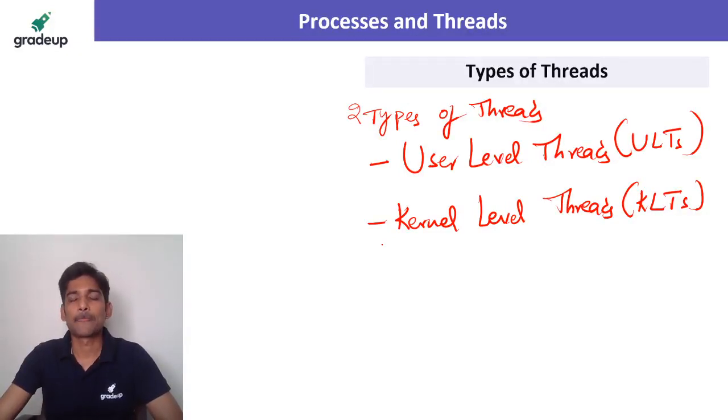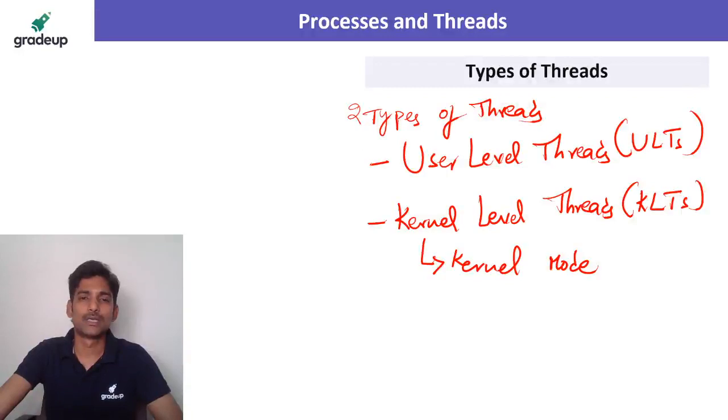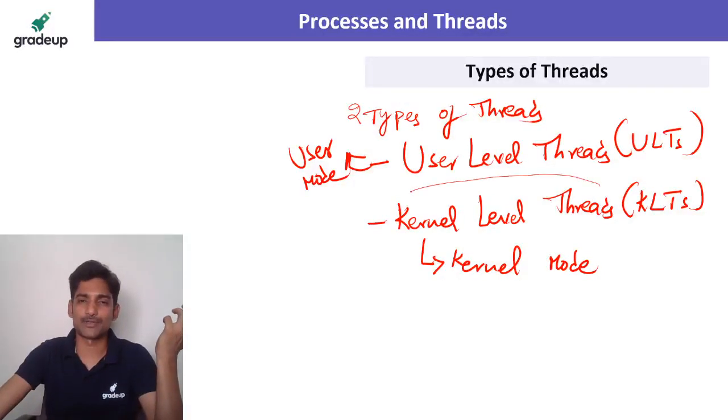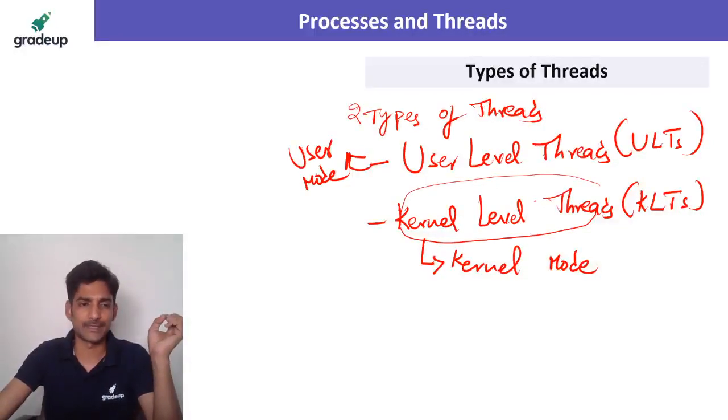As the name indicates, kernel level threads run in the kernel mode, system mode, or privileged mode. User level threads run in the user mode. While executing a user process, whatever threads are created, we call them user level threads. While executing a kernel process, kernel level threads. So the term itself is self-explanatory.